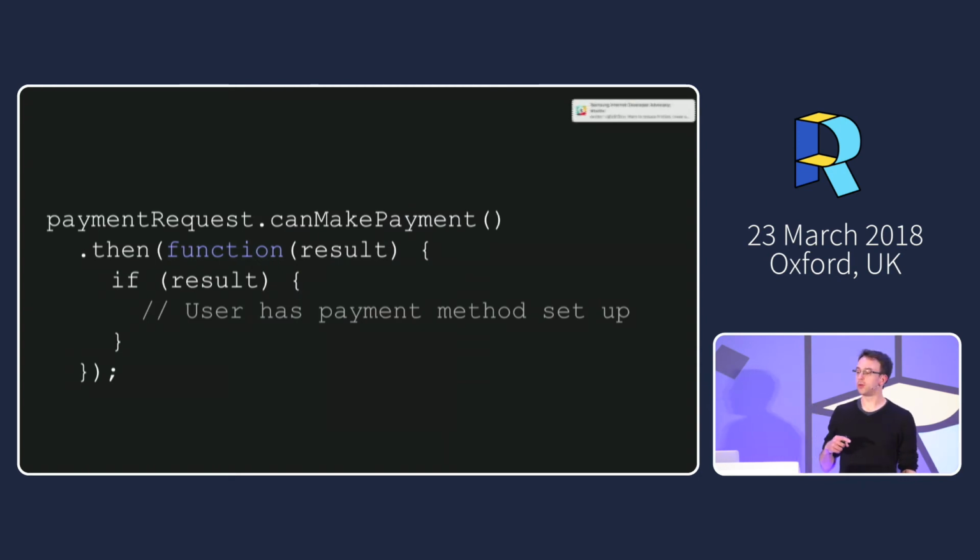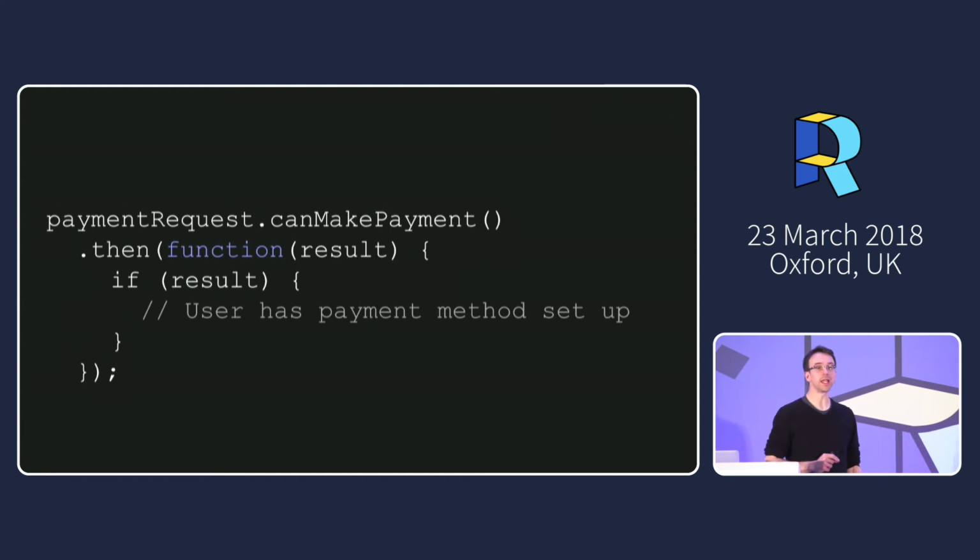We can also call can-make-payment if we want to check in advance if the user has a valid payment set up. For example, we might do this for a new customer. So if they already have an appropriate payment method set up in the browser, and we know this from can-make-payment, then we might decide, yeah, let them go ahead and use the payment request for an express checkout option.